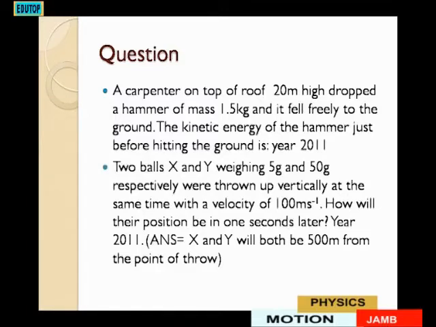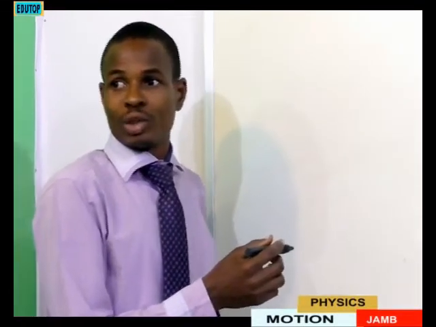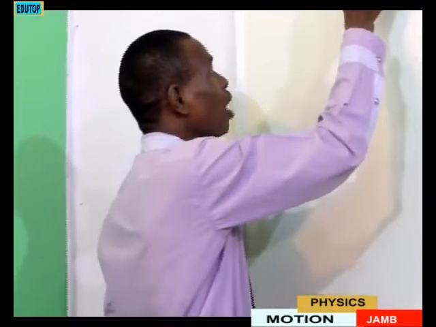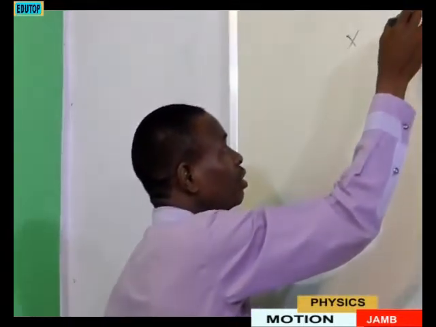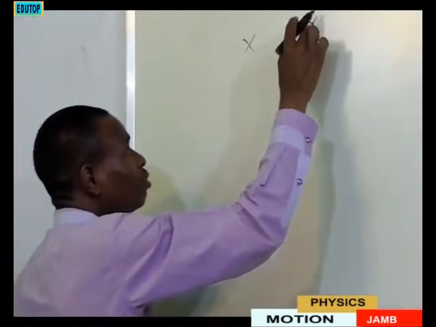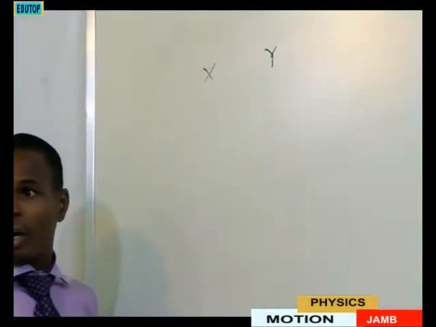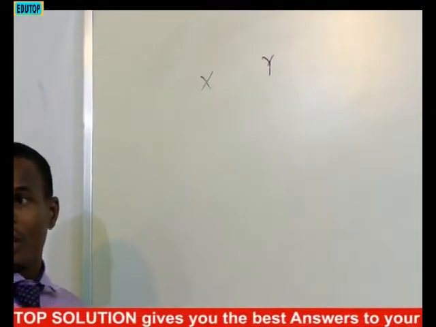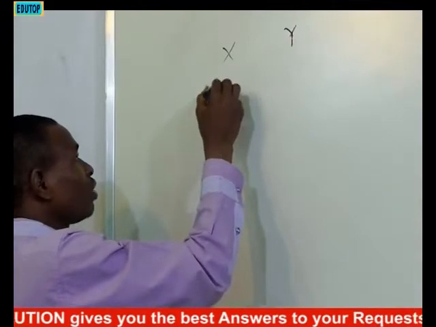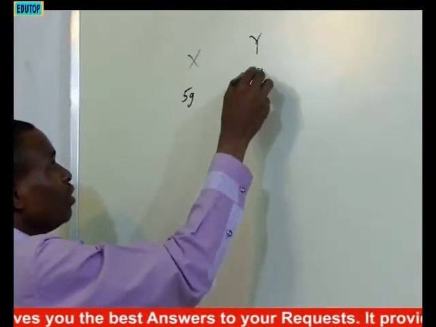How will their position be 1 second later? Question number 12 says two balls, X and Y. They weigh 5 grams and 50 grams. This one is 5 grams. This is 50 grams.